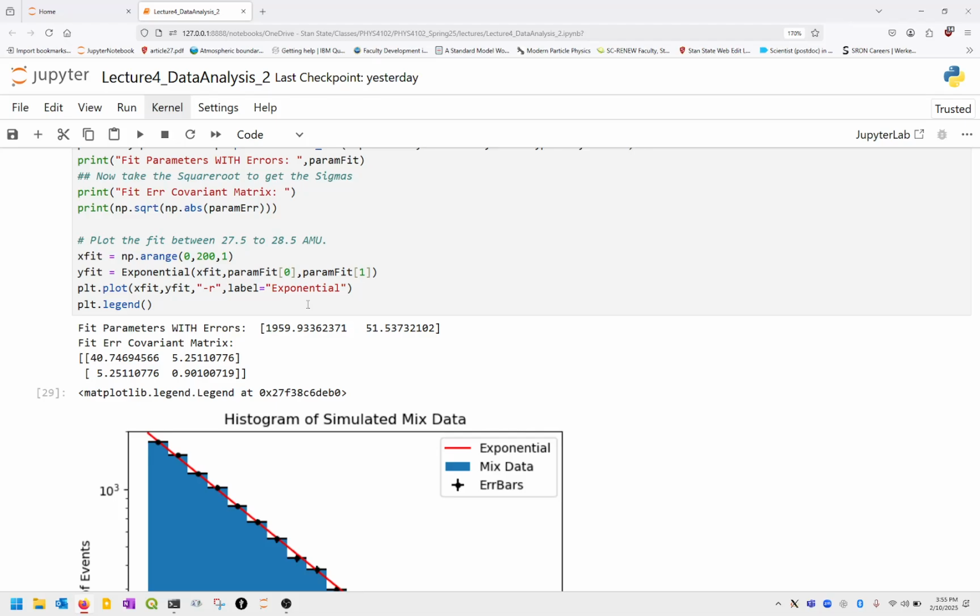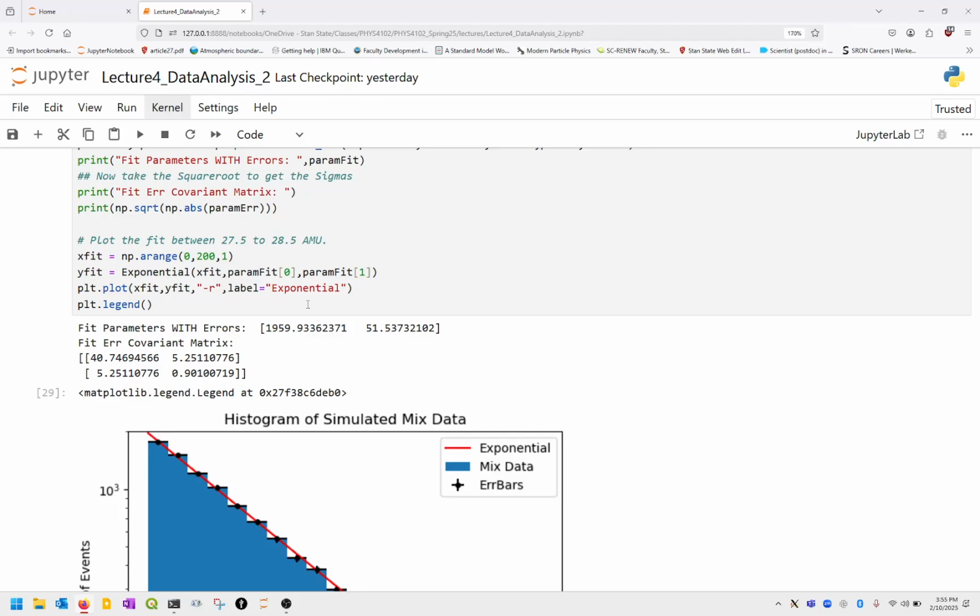So the fit parameters we got, well, you know what the answer is, right? When we made this signal, when we made this background, what did we put as our parameters? You can even read this out: at 0, basically it goes to almost 2,000.